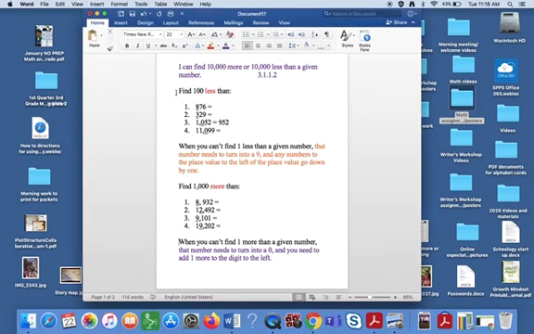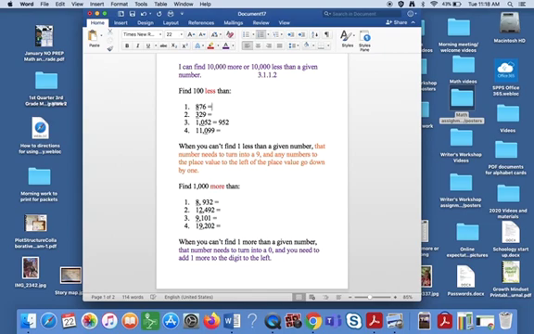So first, let's look at these problems that I have written here. It says find 100 less than. To make it a little bit easier, especially when you get to larger numbers, it's good to underline the place value you're working with. For number 1, I have 876, and I want to find 100 less than that.